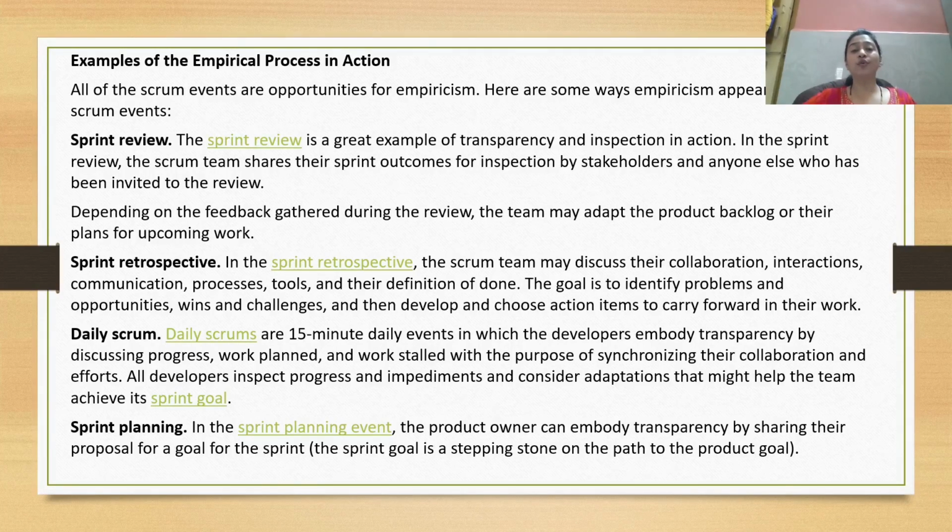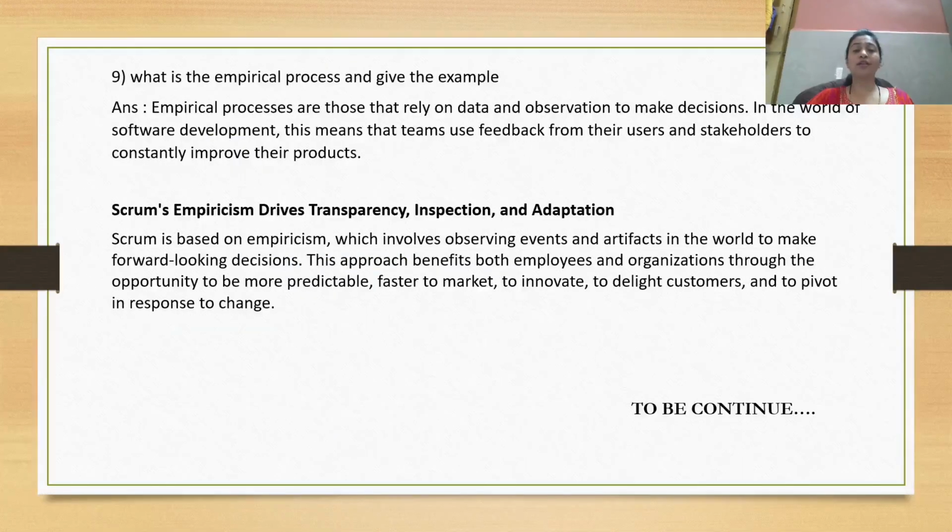So these are four Scrum event examples where we are also using the feedback loop. What we have just said is that the team uses the feedback from their users and stakeholders to constantly improve their product. Okay, so that is the empirical process where we have three pillars, that is transparency, inspection, and adaptation.